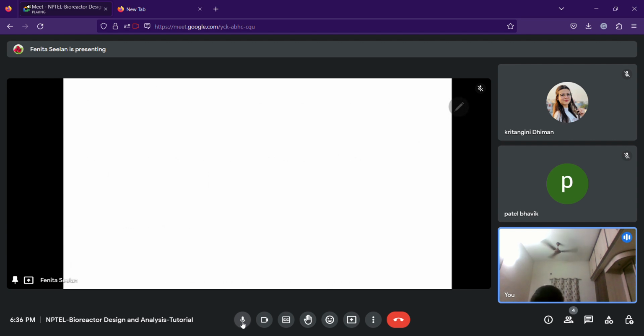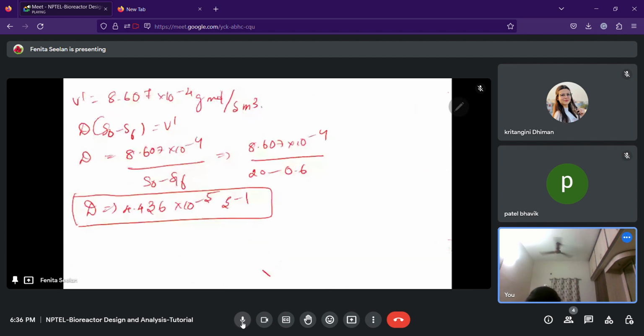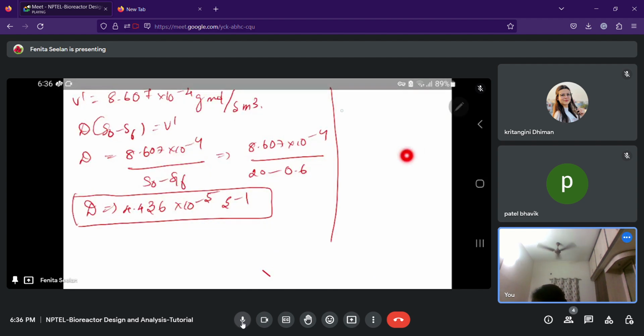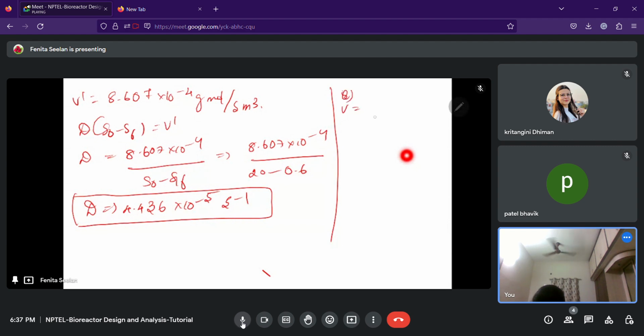So how can we calculate the reactor volume? Simple, F by V only. D is equal to F by V, right? V is equal to F by D. We know the dilution rate, so with this we can calculate. F was 25 meter cube per day.